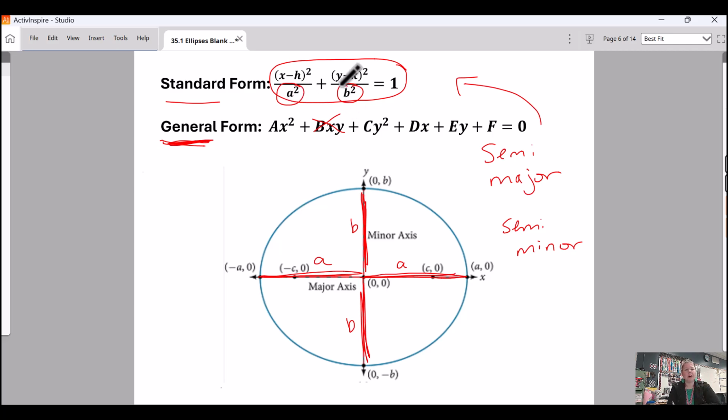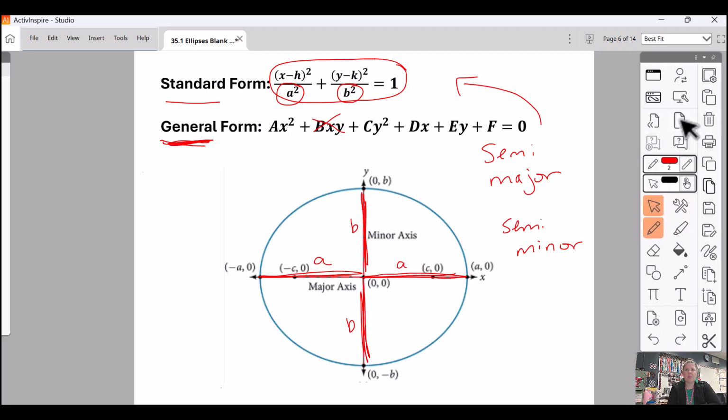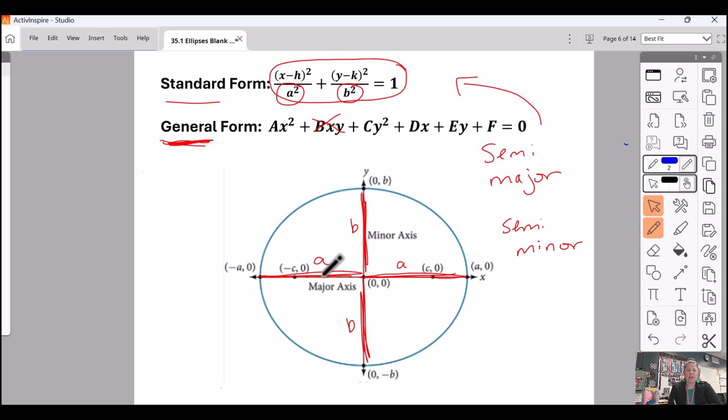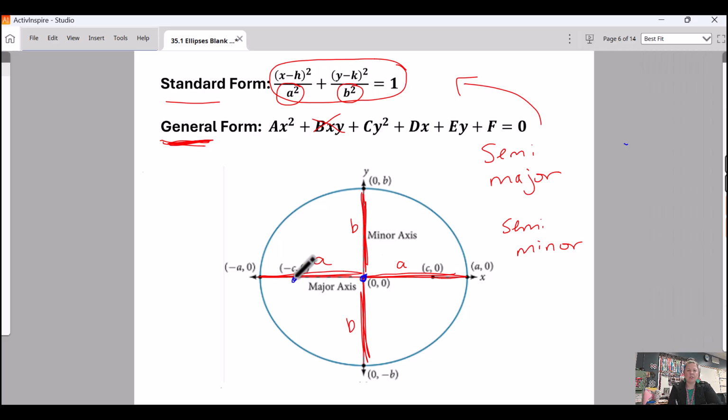Whichever of these numbers is bigger matters when we are trying to find the focal length. C is my focal length, the distance from the center to the focus point.